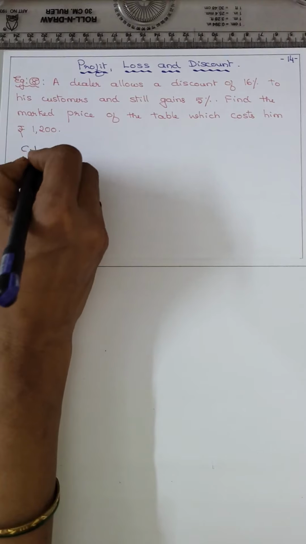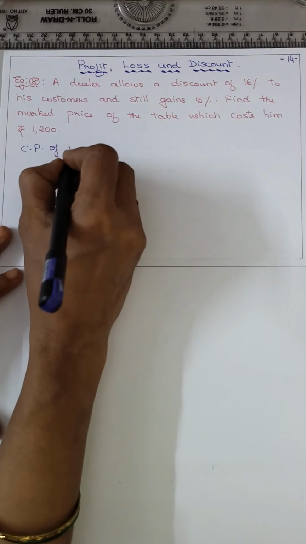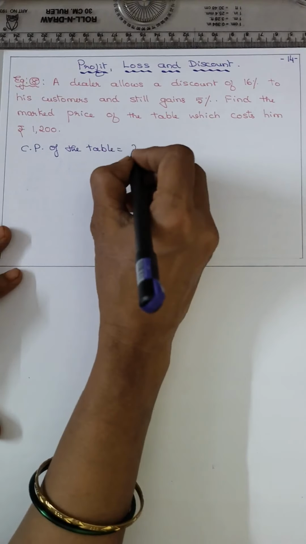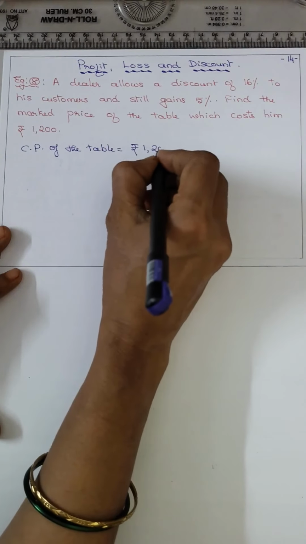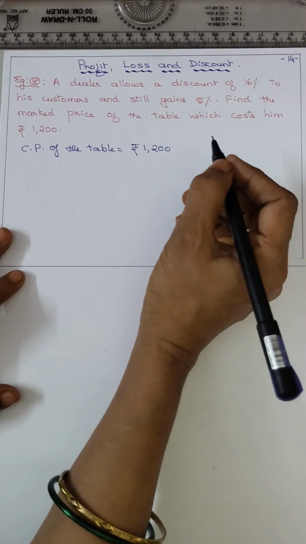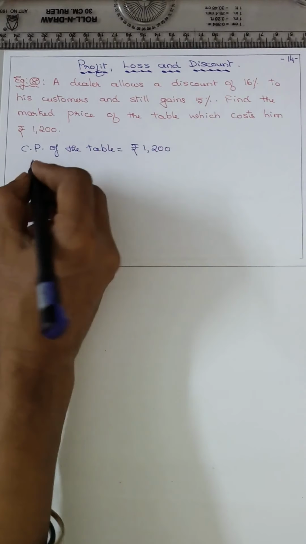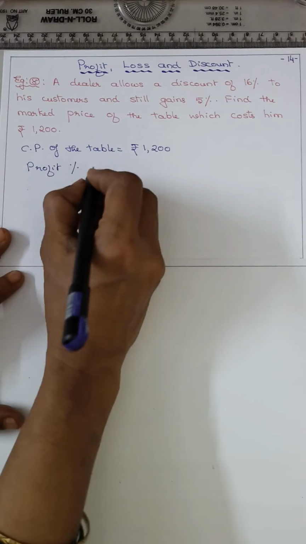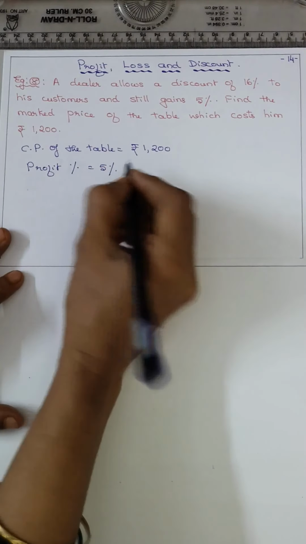So CP of the table, how much is it? Rupees 1200.